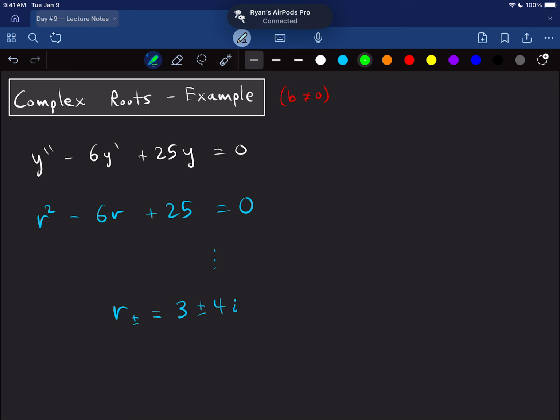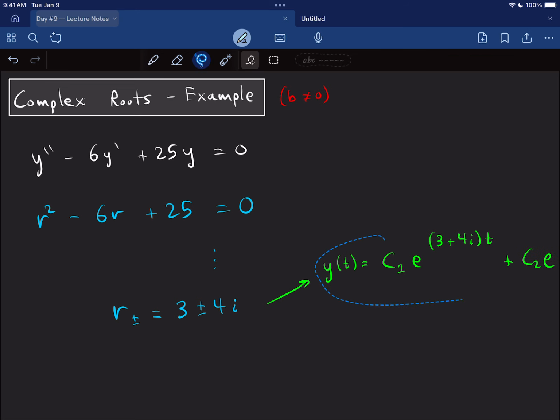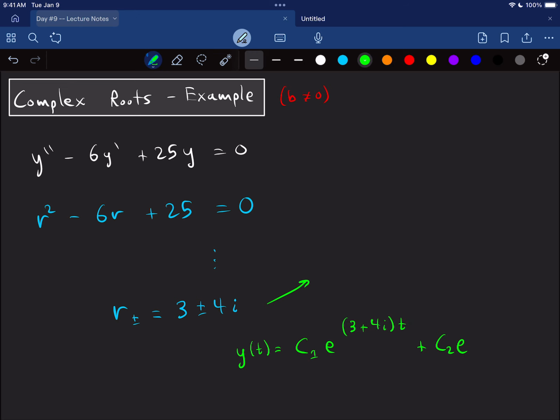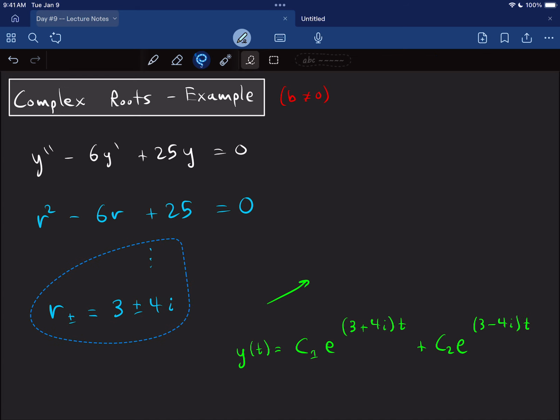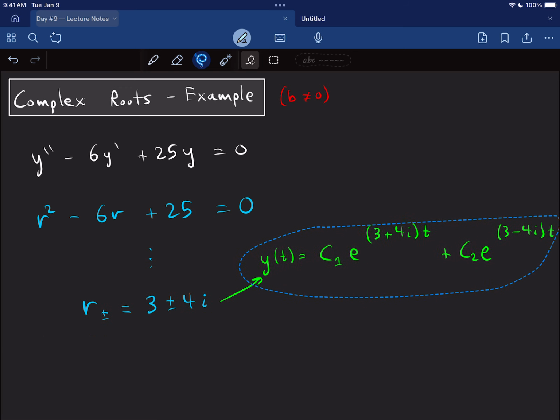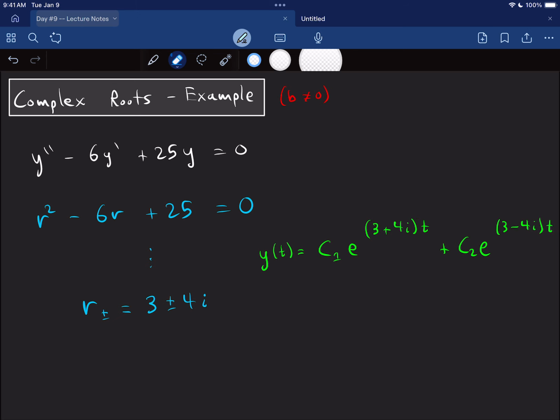So again, we have y of t is a superposition of C1 e to the 3 plus 4i t plus C2 e to the 3 minus 4i t.